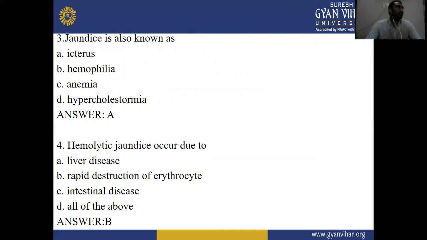Next question: hemolytic jaundice occurs due to: option A, liver disease; option B, rapid destruction of RBC; option C, intestinal disease; and option D, all of the above.